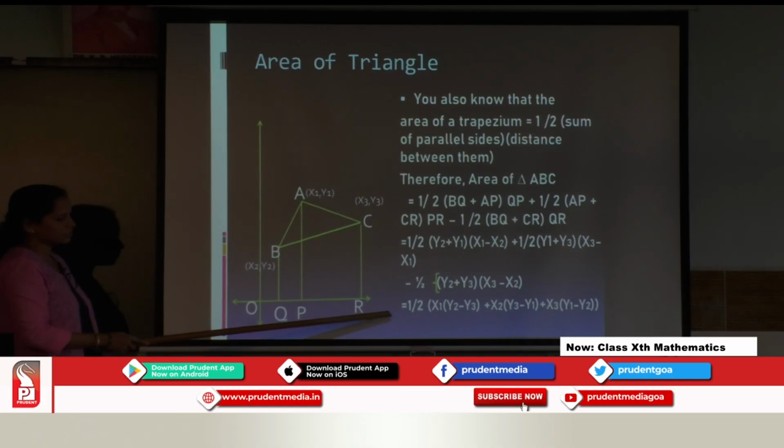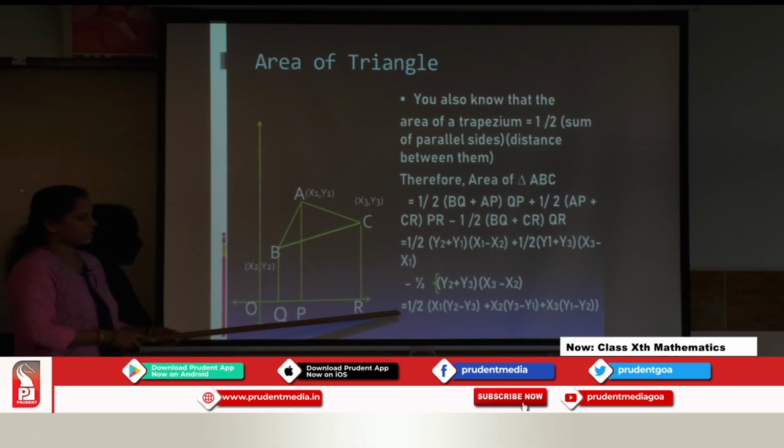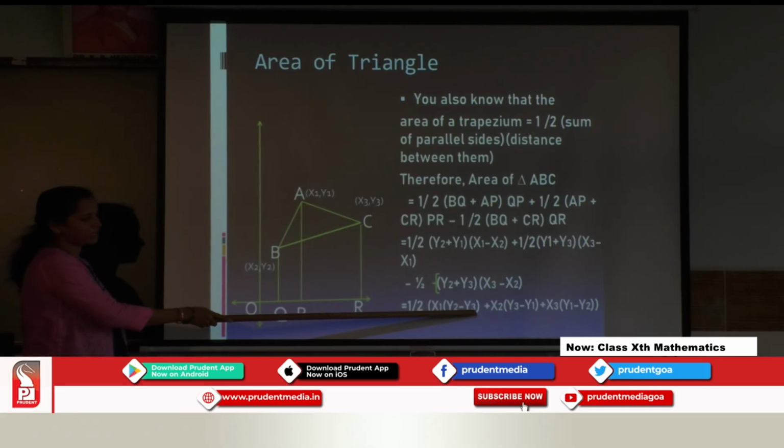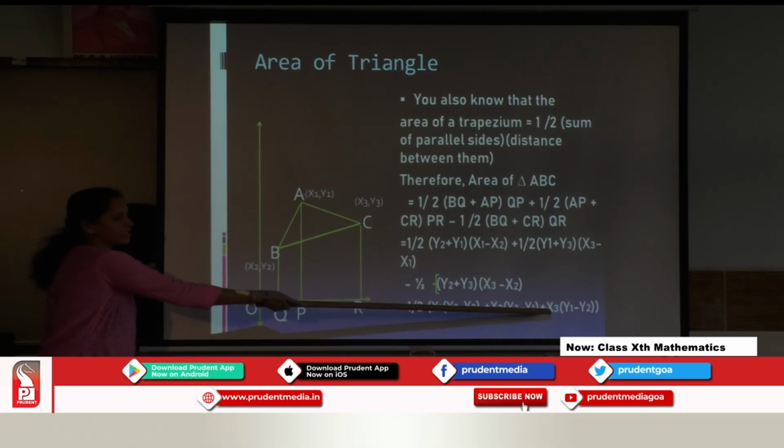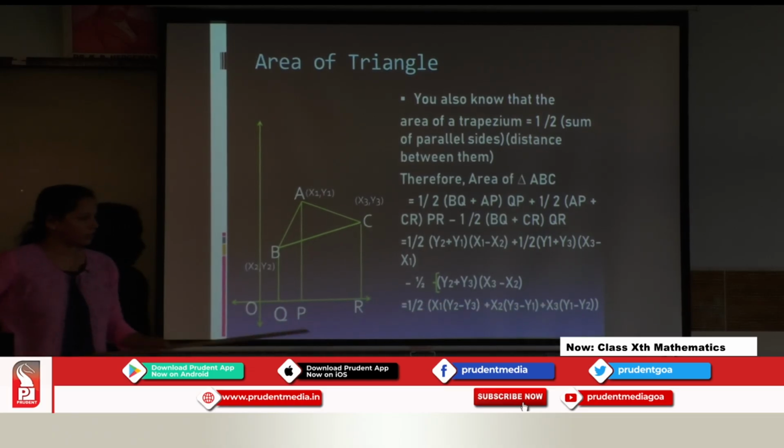So on solving this we will get half into [x1 (y2 minus y3) plus x2 (y3 minus y1) plus x3 (y1 minus y2)].